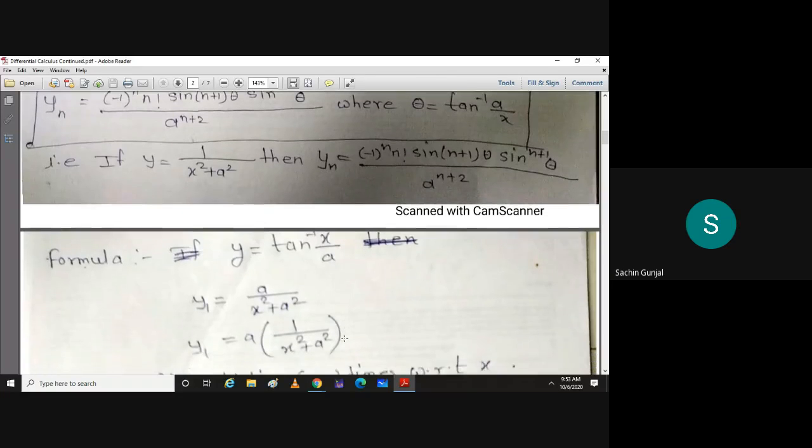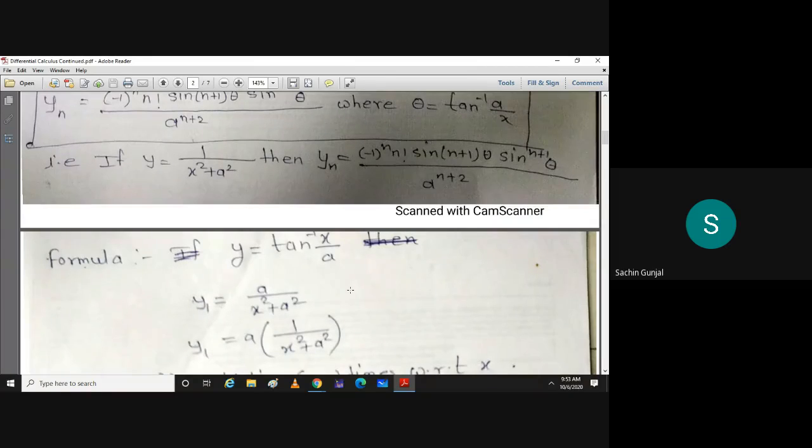Because you can see that its first derivative is 1 upon x by a, 1 upon 1 plus x by a whole square. After simplifying, you will get a upon x square plus a square, isn't it? Is first derivative okay?